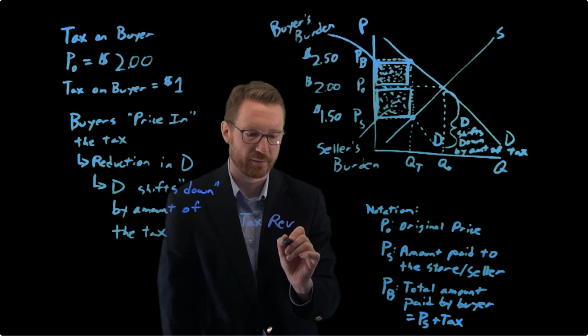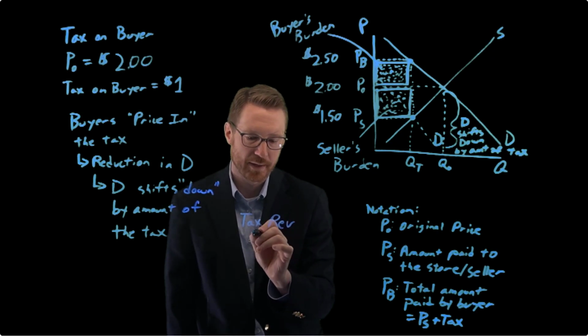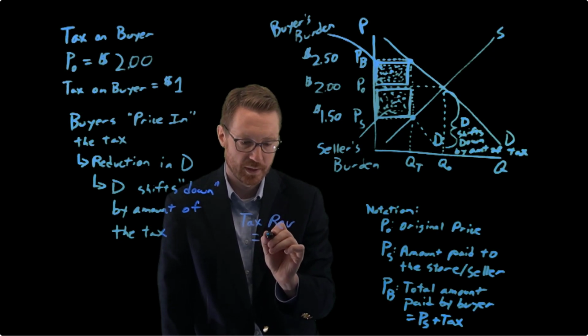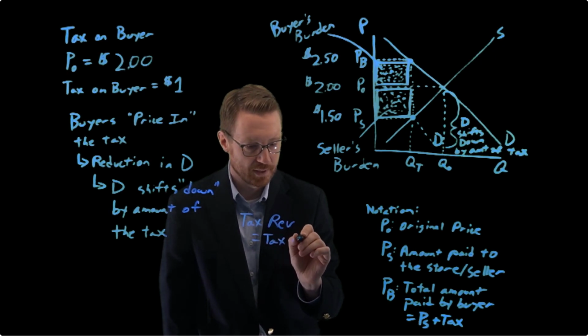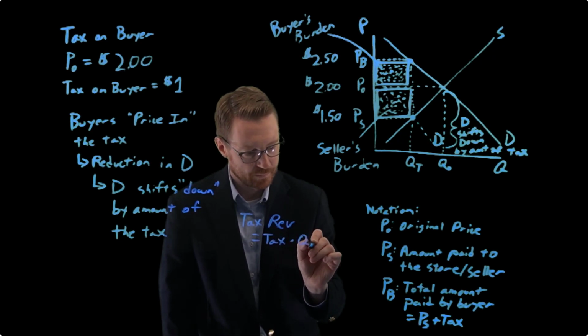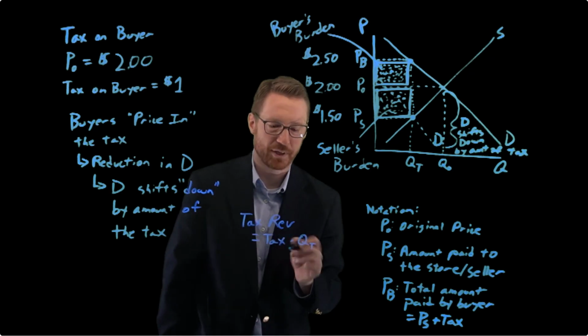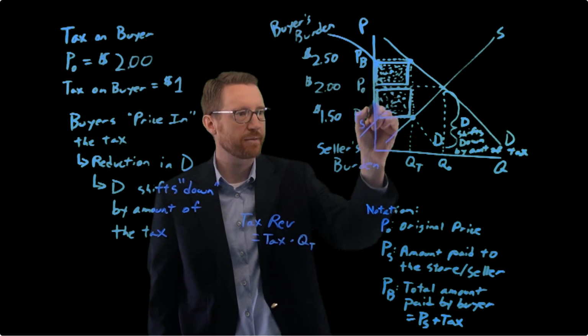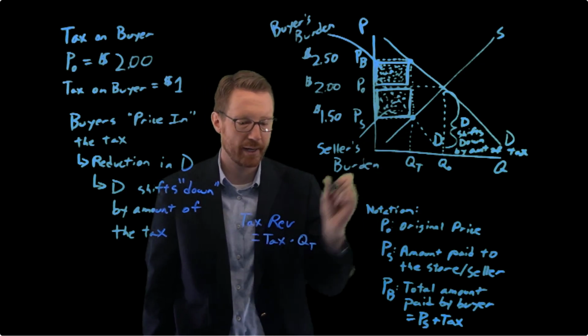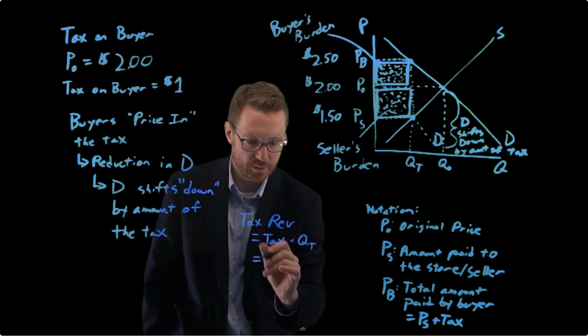Maybe the last thing we should make a quick note about is the tax revenue. The tax revenue, how much is raised, is equal to the per unit tax times the quantity. That's the quantity sold after the tax is put in place. So the per unit tax of $1 times the quantity. What is that equal to?